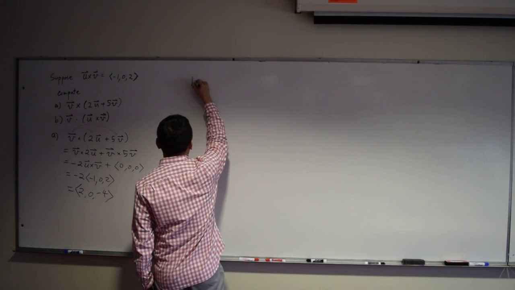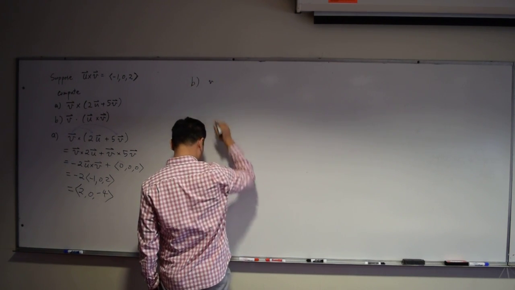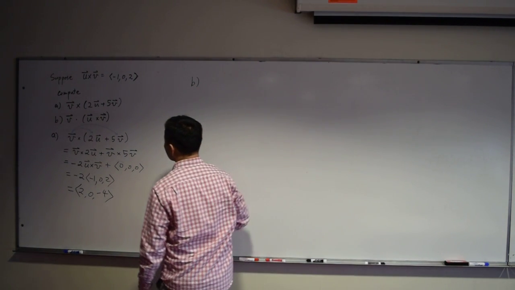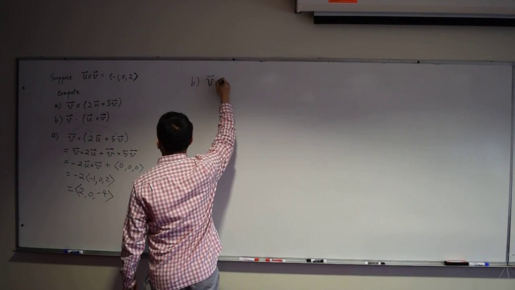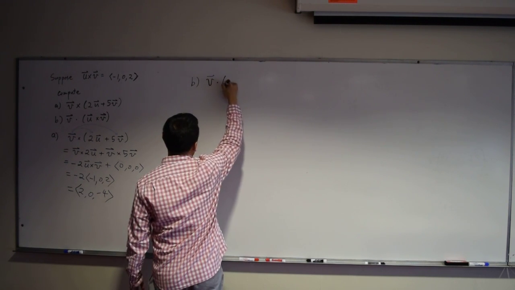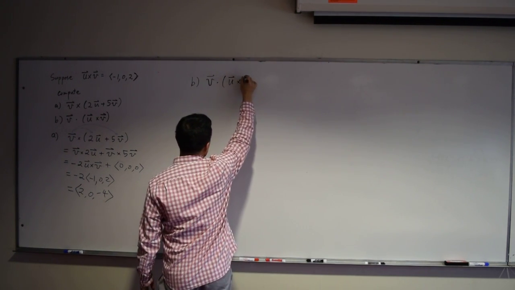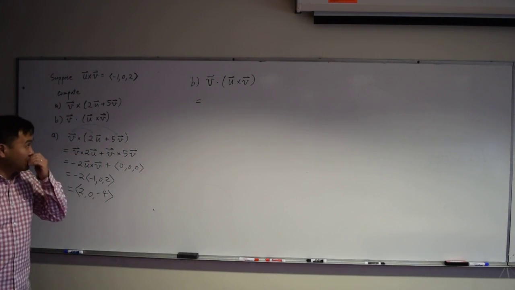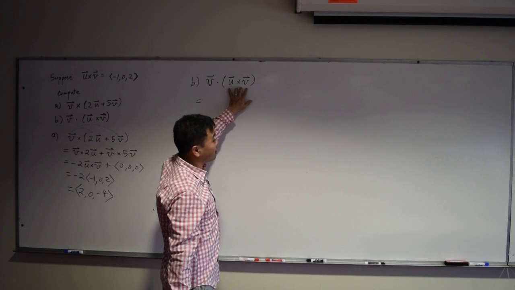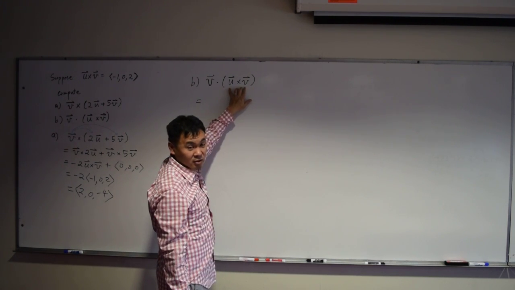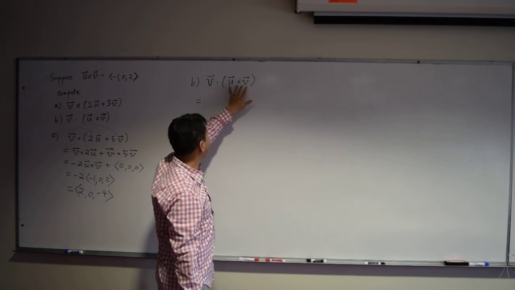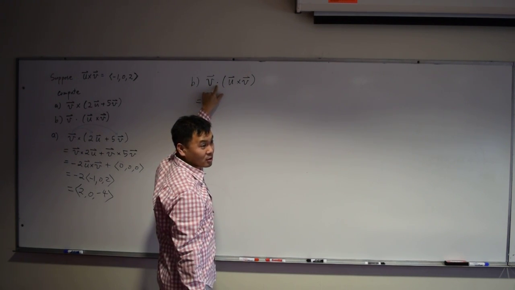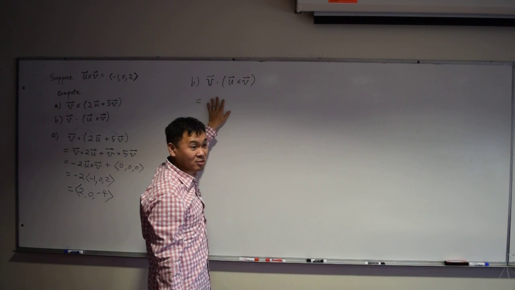Now let's try for b. Let's do v dotted with u cross v. Is u cross v a vector or a scalar? Vector. And if you have a vector and another vector and you do a dot product, you get a scalar. So we're going to expect a scalar answer.